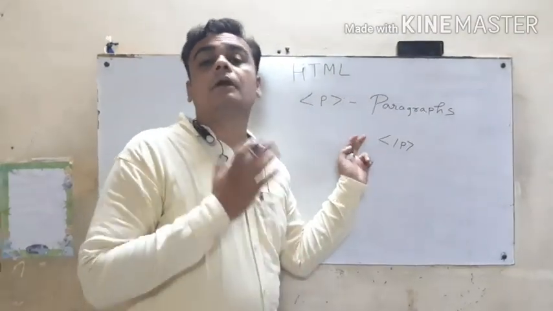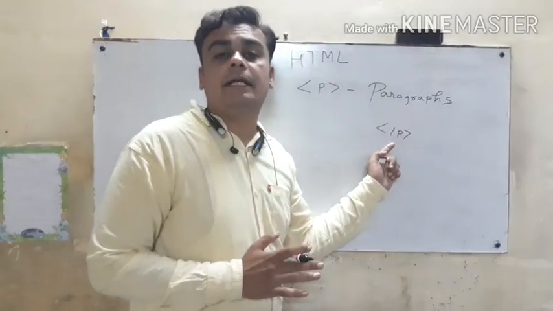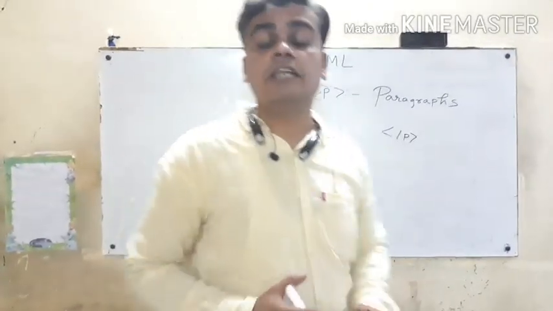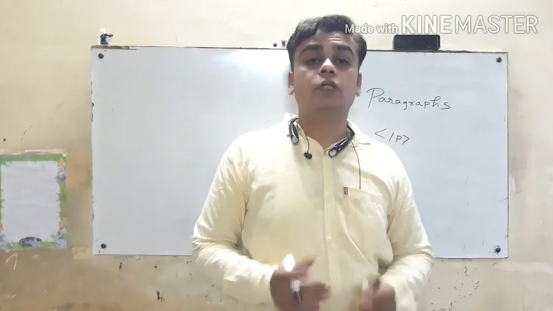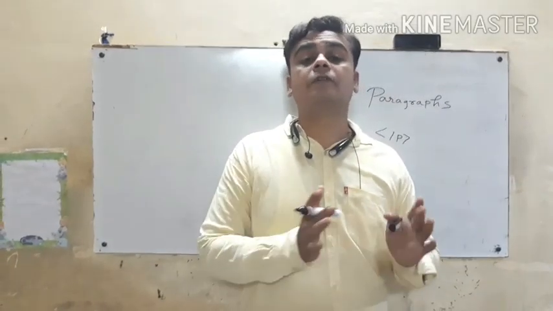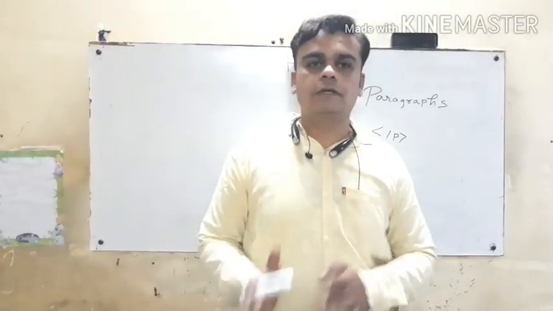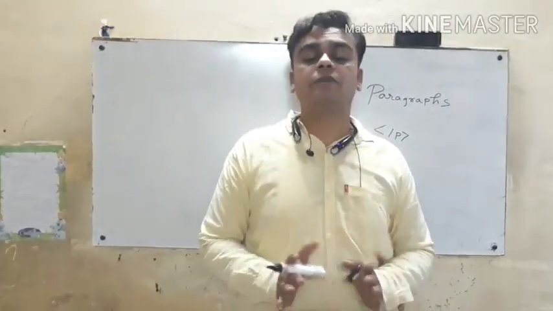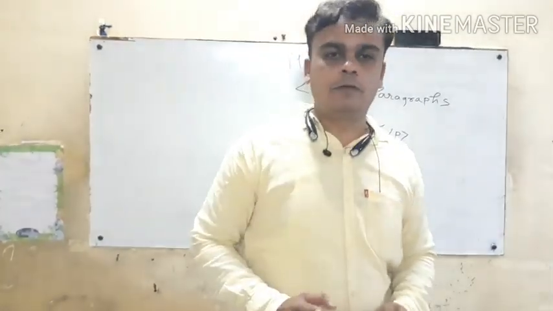Third point, the text must be present in between the P tag and the /p tag. One question in our mind is: how many paragraphs can we write in our web page? HTML gives the facility to use n number of paragraphs in a web page, so we can use the paragraph tag infinite times in an HTML program.